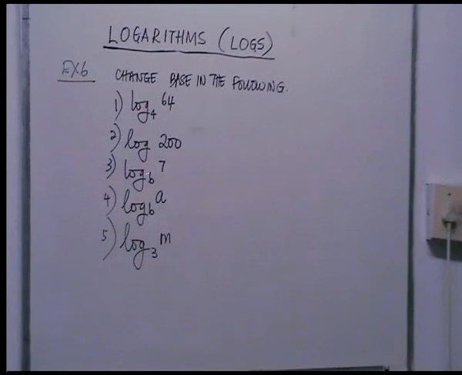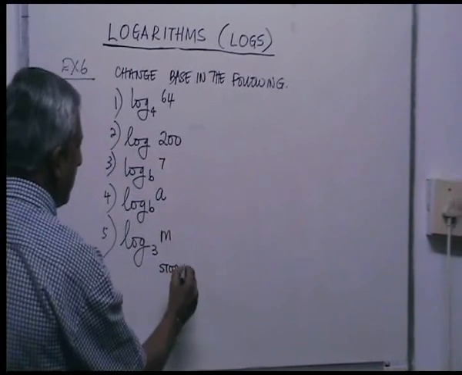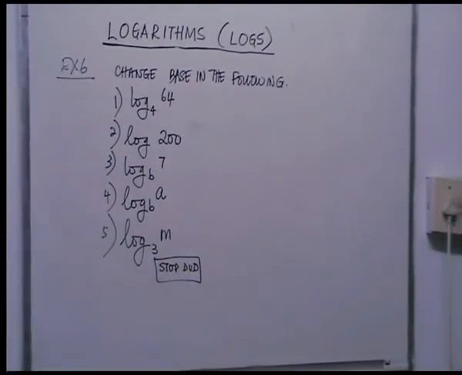Number 3, log 7 to the base 4. Number 4, log a to the base b. Number 5, log m to the base 3. In all these examples, change base. Stop the DVD and try these examples and return to us to see that you got them all right.